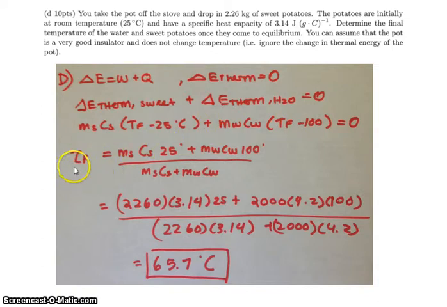They're going to have the same final temperature, so if we manipulate the equation to solve for the variable T final and plug in all the numbers, we find that the final temperature for both the sweet potatoes and the water is 65.7 Celsius.